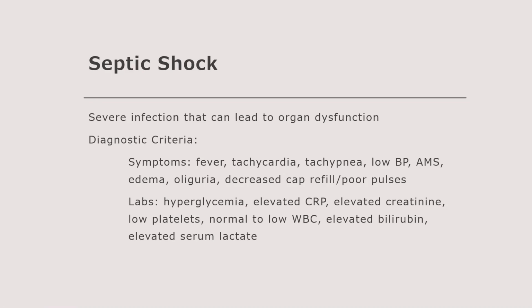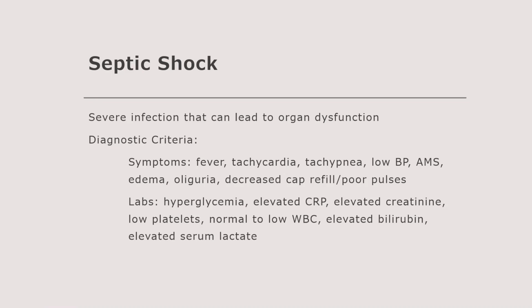In addition to that, we have certain lab values that happen in septic shock. And so this looks like hyperglycemia because what happens in the body is cortisol gets released. Cortisol is a type of steroid that happens under the stressful conditions of the body. And so we see hyperglycemia. We have an elevated C-reactive protein, elevated creatinine, low platelets.